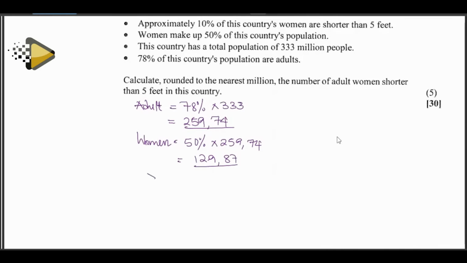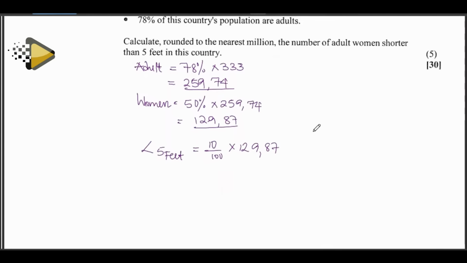So having done this, we look for 10% now. Those who are less than 5 feet in height. So we shall say 10% times 129,87.